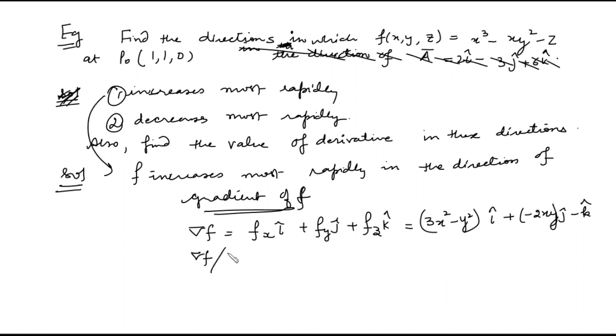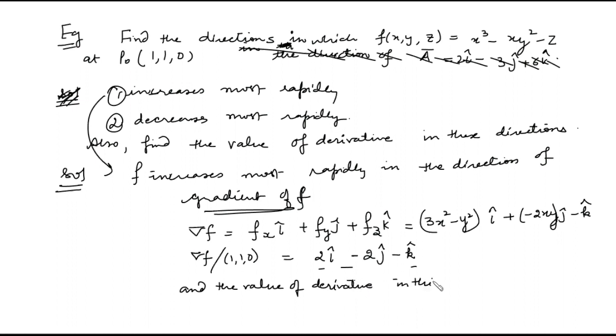Now find this value at the point (1, 1, 0). So when you put x to be 1 and y to be 1, you will get 3 minus 1, 2i minus 2j minus k. So your function increases most rapidly in the direction of this, and the value of the derivative in this direction is mod of del f, which will be the square root of 4 plus 4 plus 1, so that comes out to be 3.